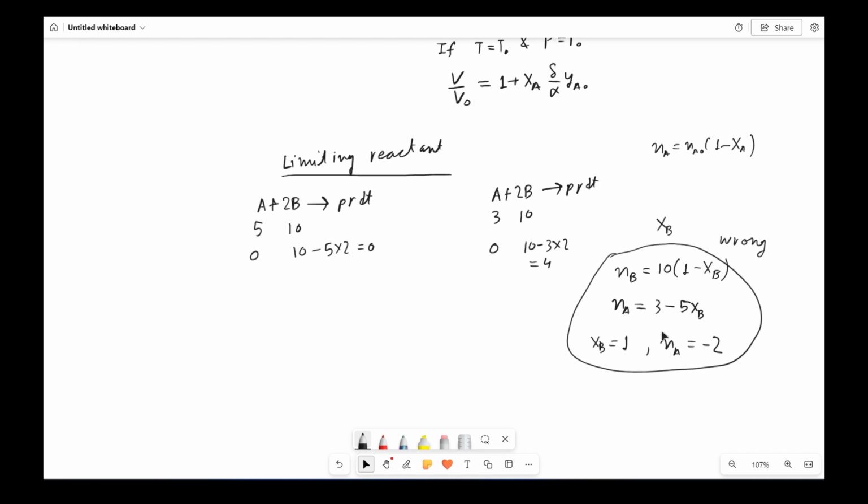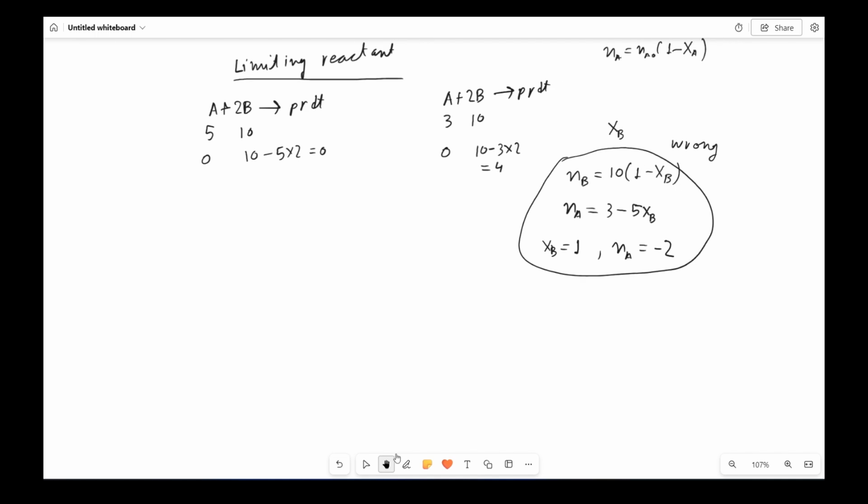Now we will derive how to find the limiting reactant. To get the limiting reactant, suppose we have again a reaction. In this case, we are considering limiting reactant, right? So we will write a reaction like this.